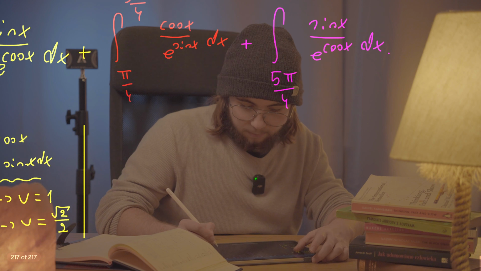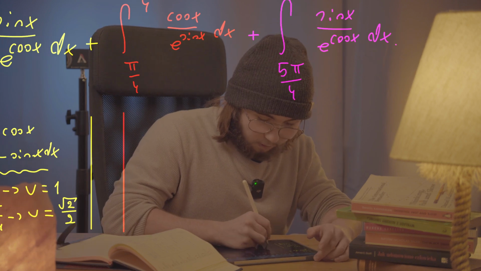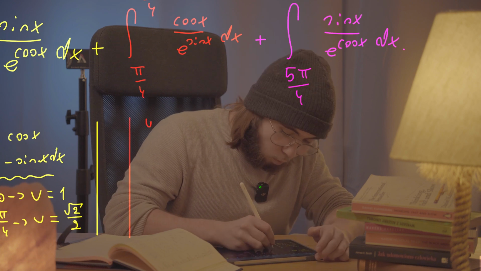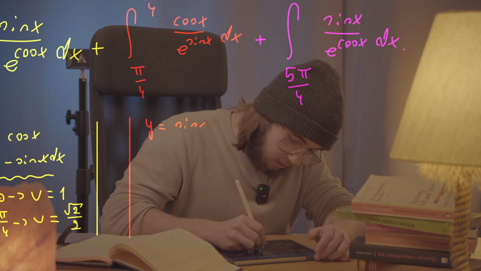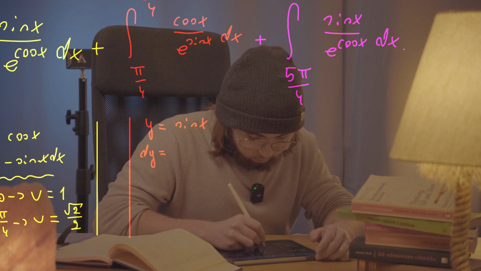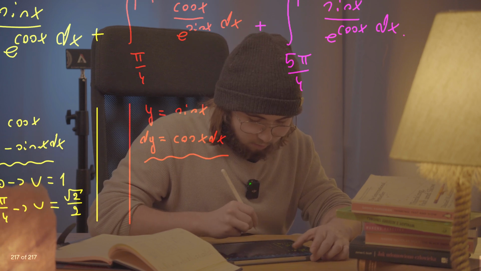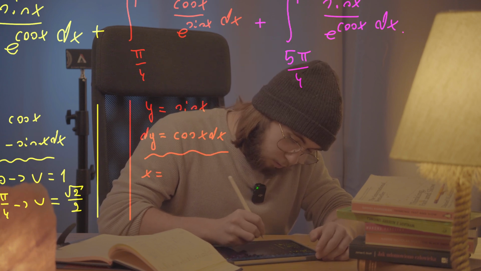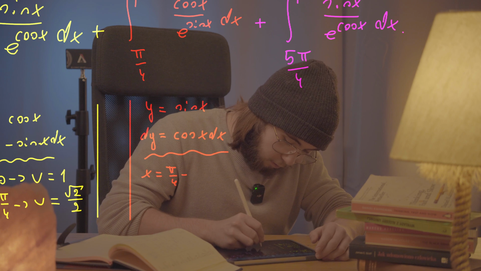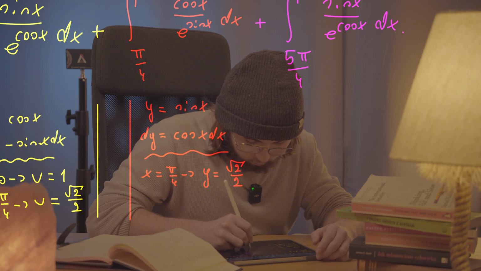Now the second u sub, maybe I will call it a y sub. I'm going to set y equal to sine of x. I'm going to get dy equal to cosine of x dx. And as to the bounds of integration, whenever x is equal to pi over 4, y is going to be equal to the square root of 2 over 2.